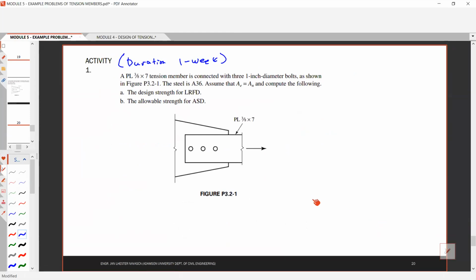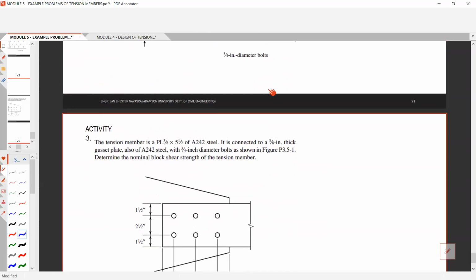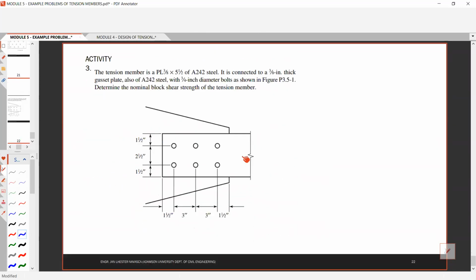You have activity 1: design strength based on LRFD and design strength based on ASD. Also, for A36, compute the nominal strength based on gross area and based on net area. You also have this activity, the tension member, which is PL 3/8 by 5 1/2.